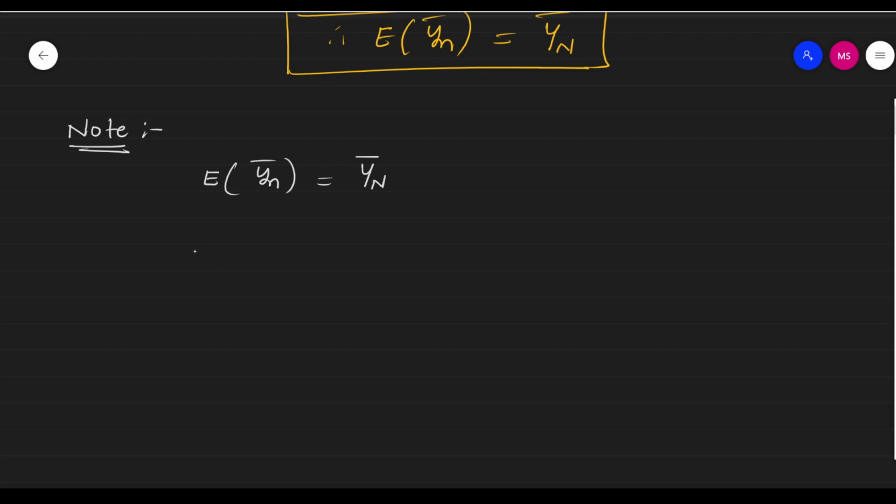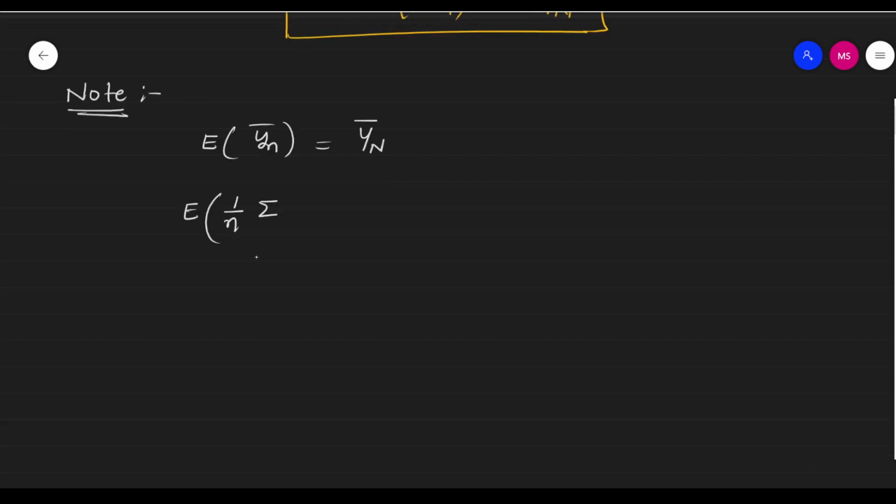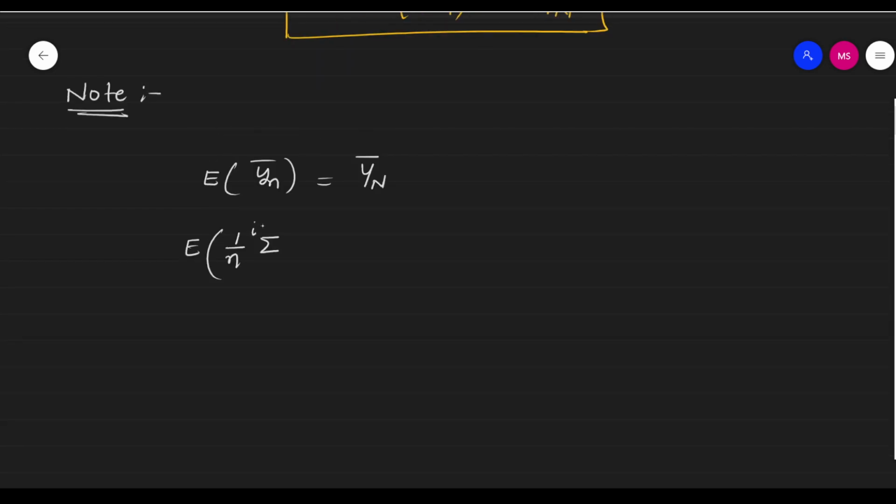Now apply the formulas. Expectation of y n bar, what is the y n bar formula? 1 by small n summation i running from 1 to n yi, right formula. Next, capital Y N bar is equal to 1 by capital N summation i running from 1 to capital N yi.